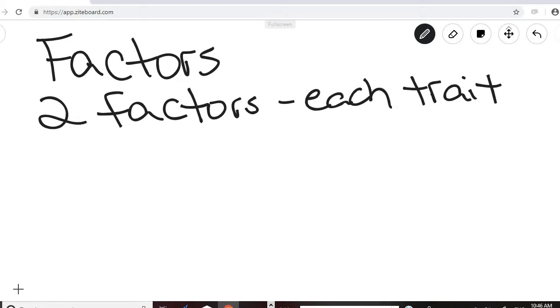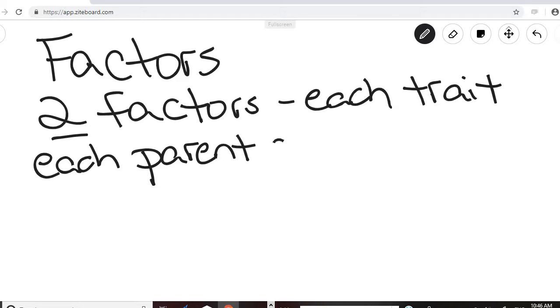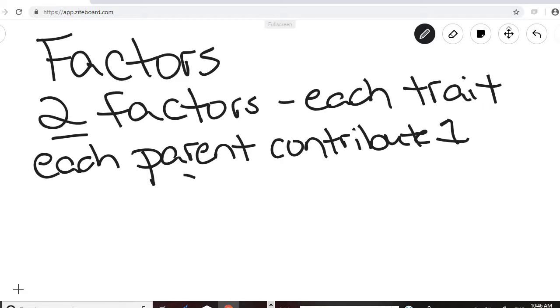Of these 2 factors, each parent contributes 1 factor. And lastly, he said that for every trait, there is a dominant factor.